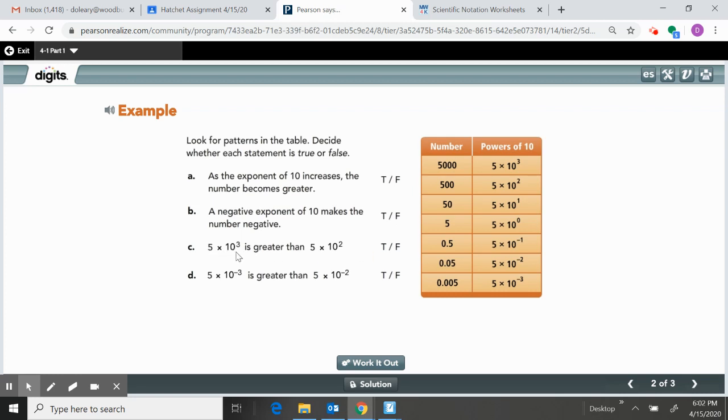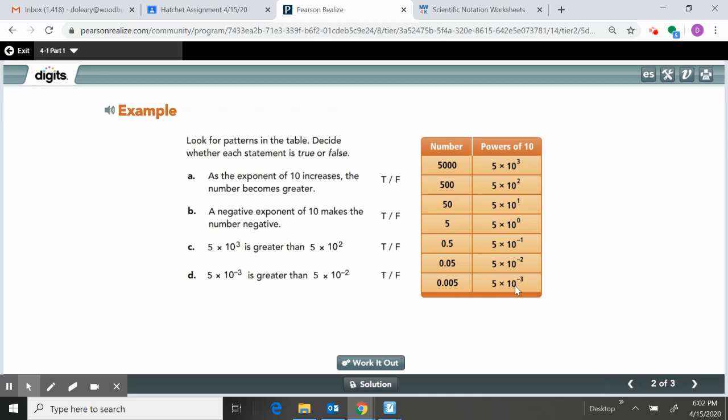5 times 10 to the third is greater than 5 times 10 to the second. So 5 times 10 to the third, that's 5,000. Is that greater than 5 times 10 to the second, 500? True. 5,000 is greater than 500. And question D, 5 times 10 to the negative third is greater than 5 times 10 to the negative second.